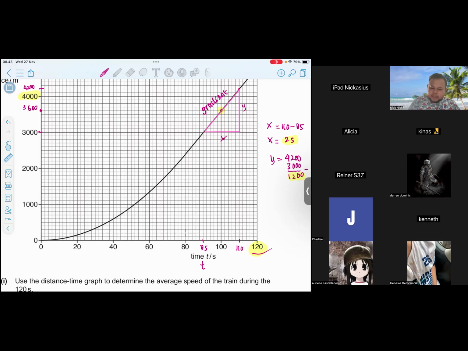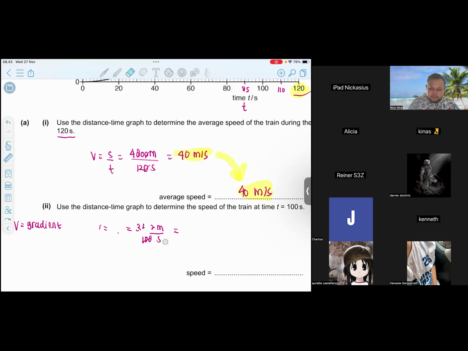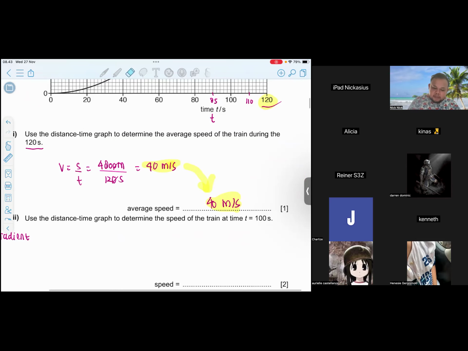V is the gradient, because at the time, this is not the average speed. To determine the average speed, it is distance over time, right?